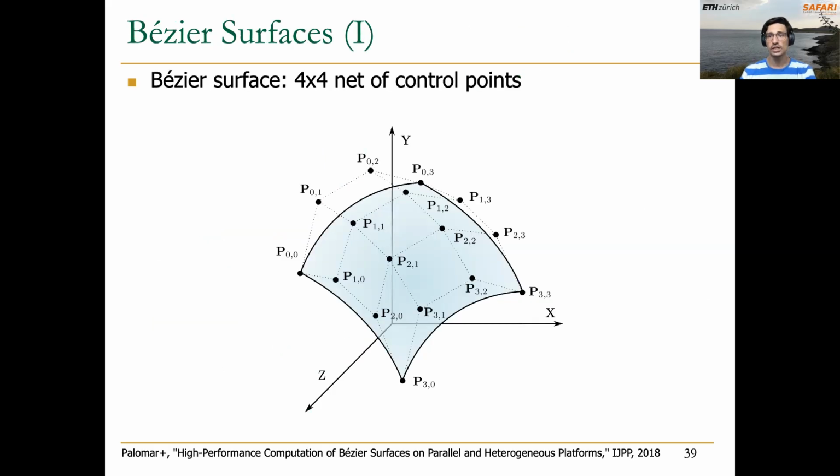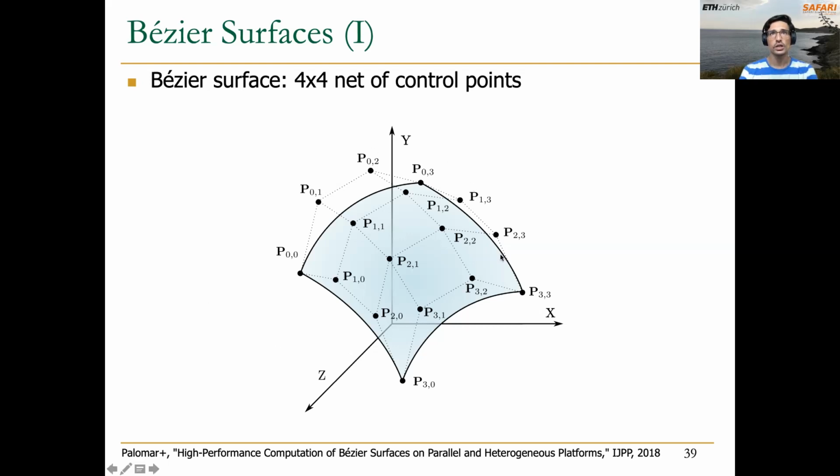Another interesting example are Bezier surfaces. We already talked about Bezier lines in the previous lecture, on dynamic parallelism. Here, instead of talking about lines, we talk about Bezier surfaces. It's essentially the same concept. In this case, we want to create a surface based on a net, a two-dimensional net of control points.